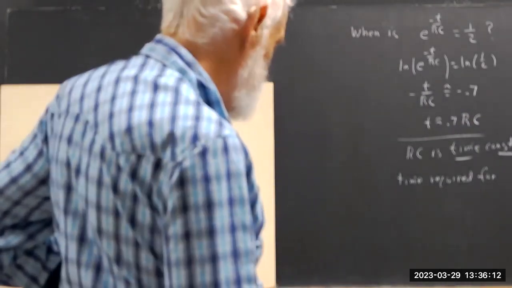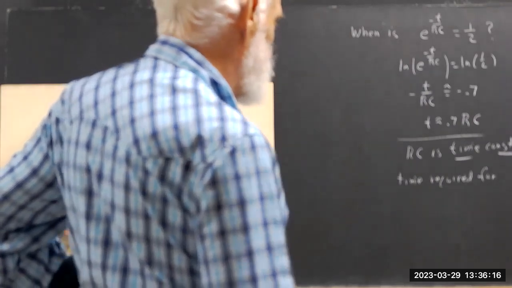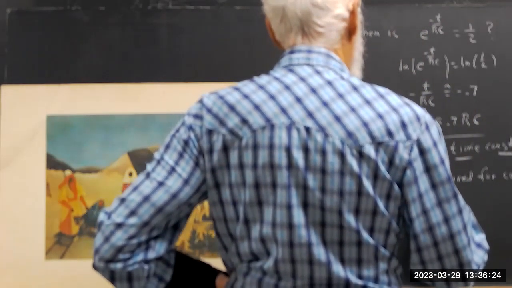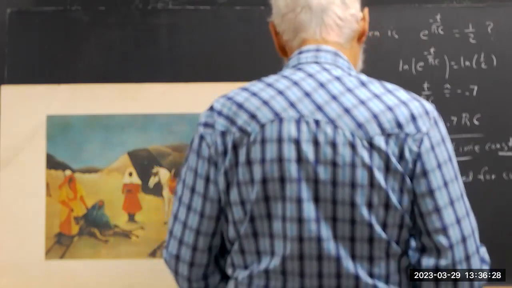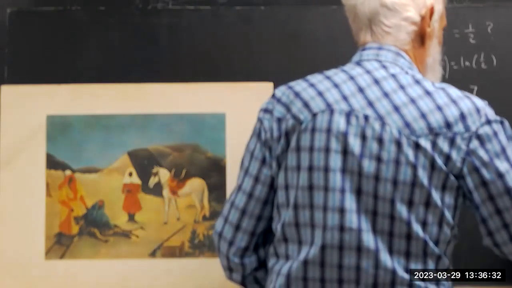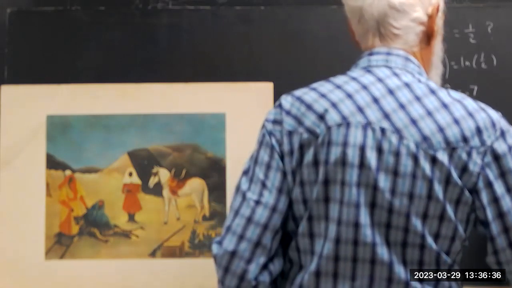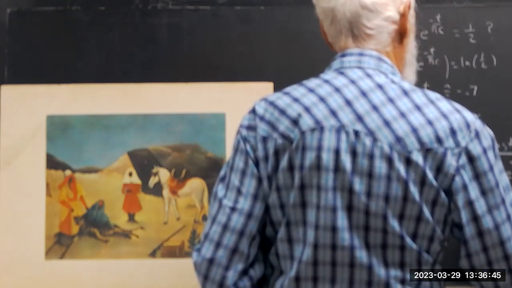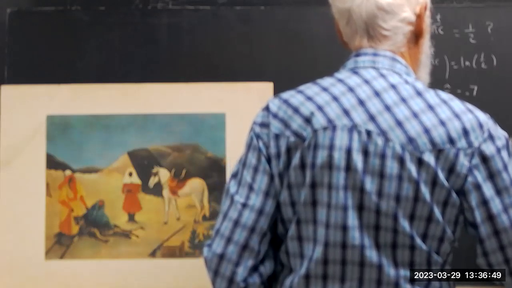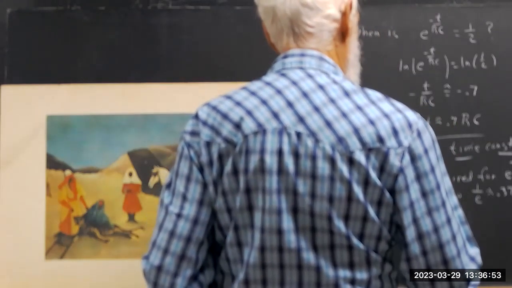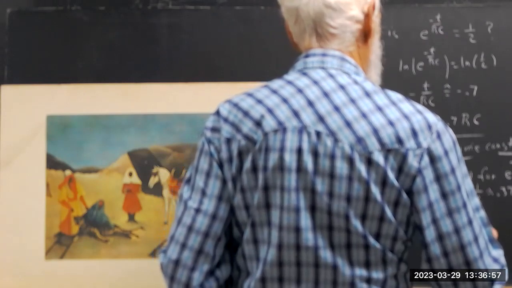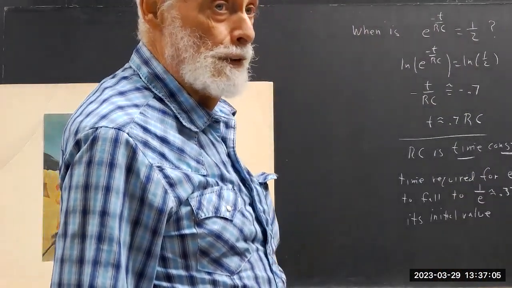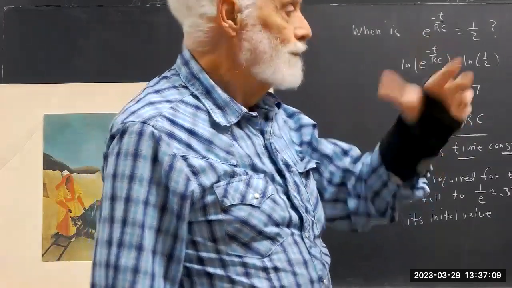In terms of this situation, it's the time required for whatever you're measuring, the current, to fall to 1/e, which I think is about 0.37, of its initial value, or at any point in the fall.